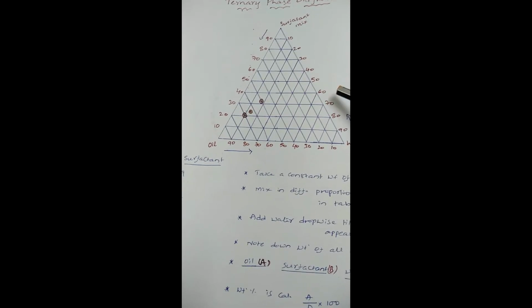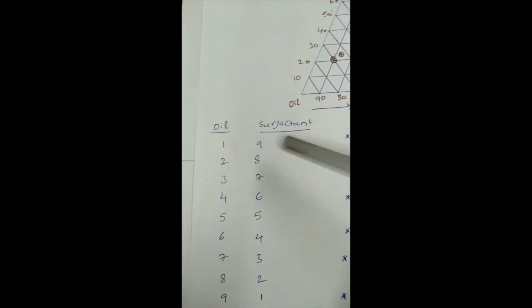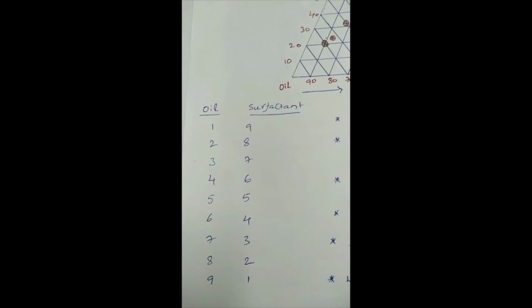For plotting it, in terms of identifying the emulsification region, we need to take first oil and surfactants at a particular ratio, starting from 1 oil to 9 surfactants, and slowly increase the oil concentration 2, 3, 4 and decrease the surfactant concentration, or you can go the other way: first take surfactant 1 and oil 9 and slowly increase the surfactant and reduce the oil concentrations.